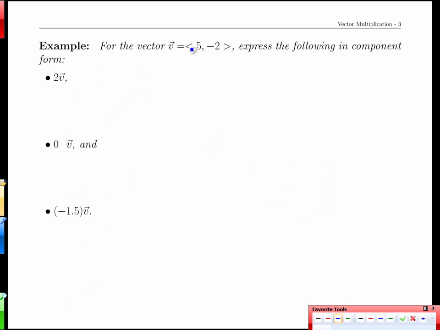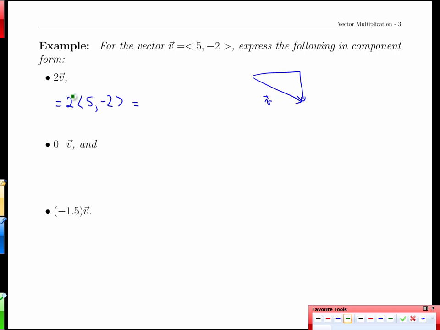The nice thing about scalar multiplication is that its component version, when we do multiplication in components, is very, very straightforward, and it actually matches our intuition very closely. If we have the vector 5, negative 2, so that would be 5 across and down 2, that would be our vector v here. If we take 2 times v, well, mathematically, in notation, this would be 2 times 5, negative 2.